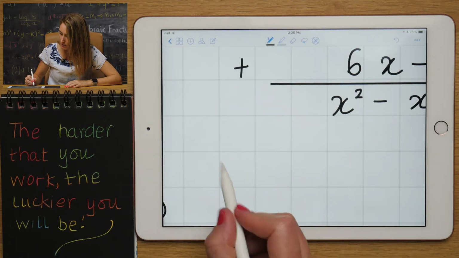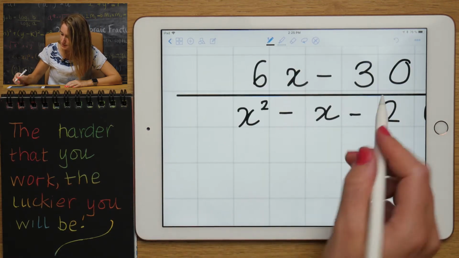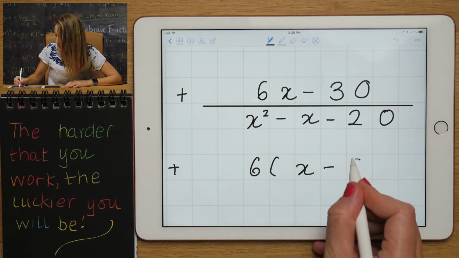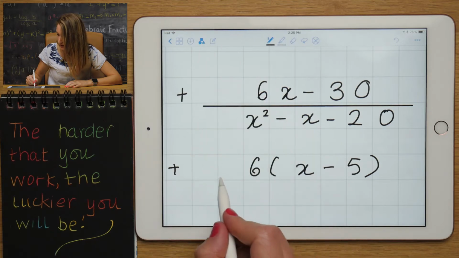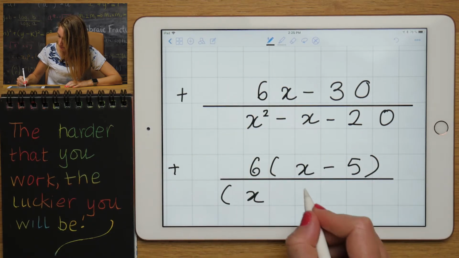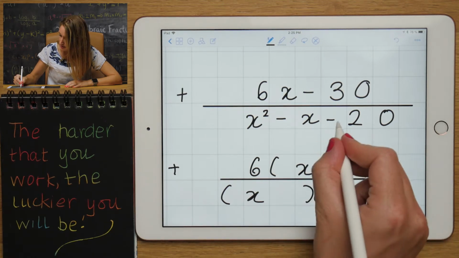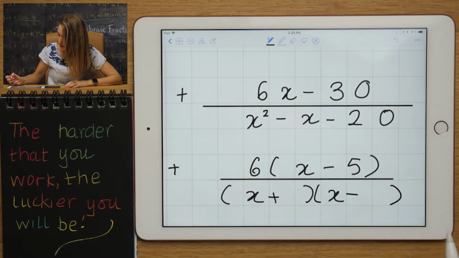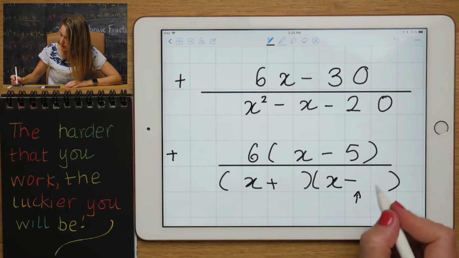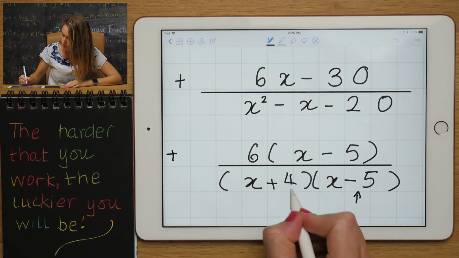Let's have a look at the other one. From 6x and 30, I can take outside 6 as my highest common factor. And here, I'm going to have a double bracket, x and x, minus 20, so minus and plus, a minus on the x, so this one needs to be the bigger one, and I'm going to use 5 and 4.